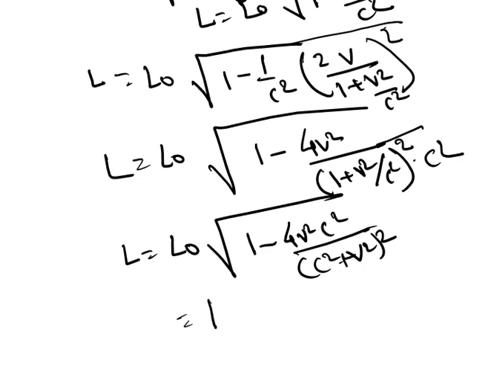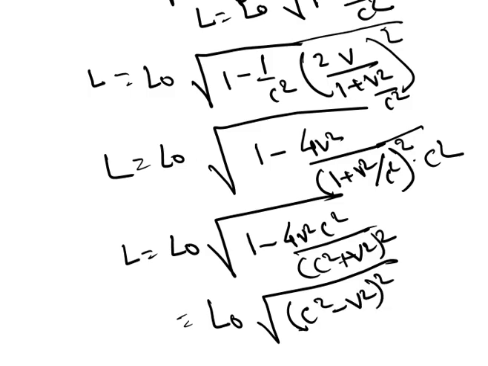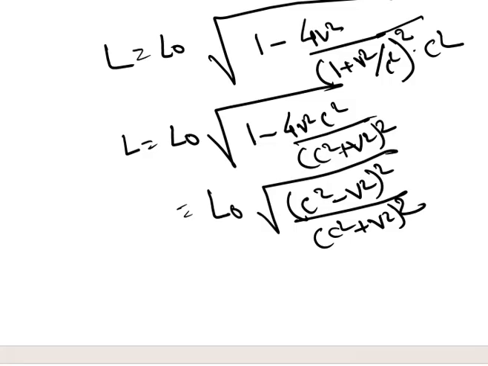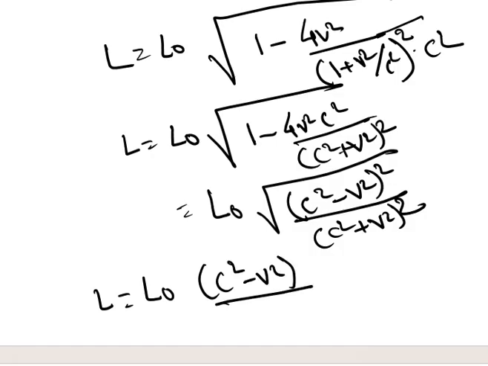If we calculate, it will come as (c square minus v square) square by (c square plus v square) square, and finally the L expression will be L equal to L0 into (c square minus v square) by (c square plus v square).